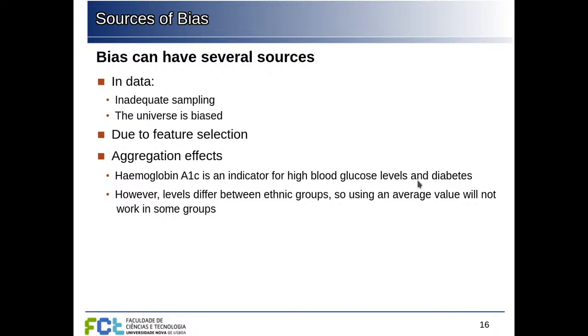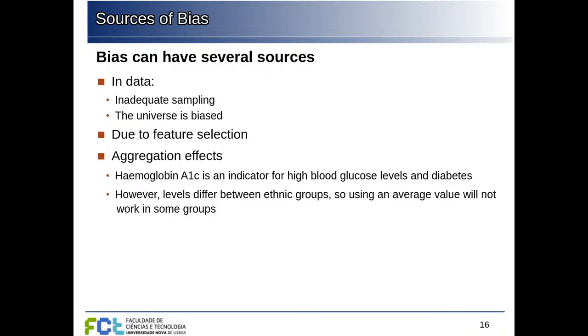So we can use this to diagnose diabetes or pre-diabetes. And there are some levels that we can measure in healthy population and then decide on some threshold above which we have an indication that there are high glucose levels in the blood.